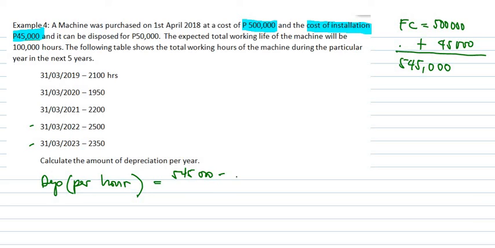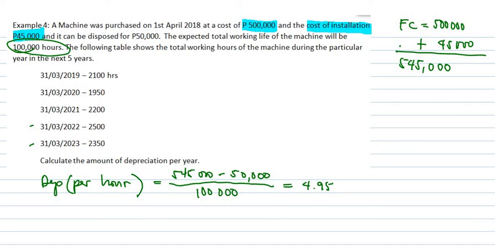We subtract 50,000 and then divide by the total hours capacity. The expected total working life of the machine is 100,000 hours. When we compute this, that is equivalent to 4.95. That is the depreciation per hour.